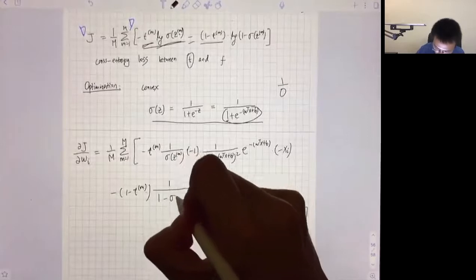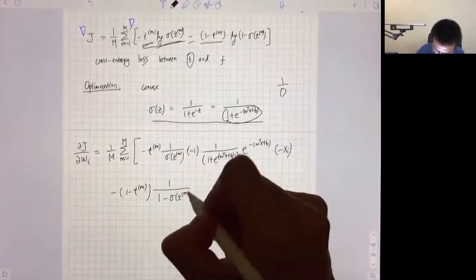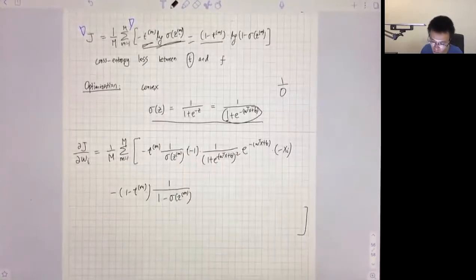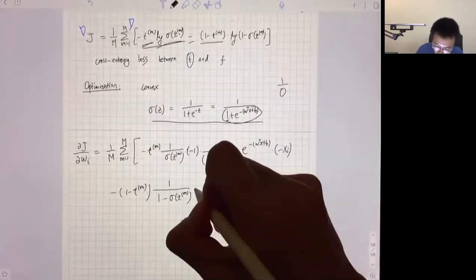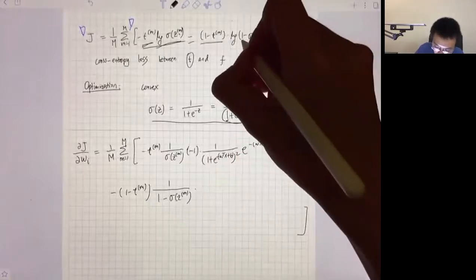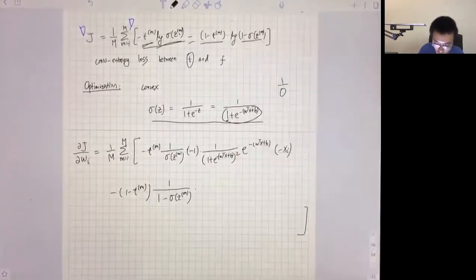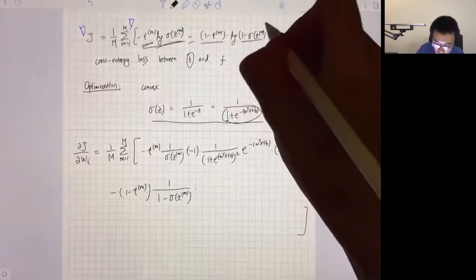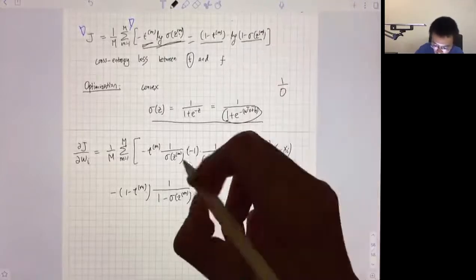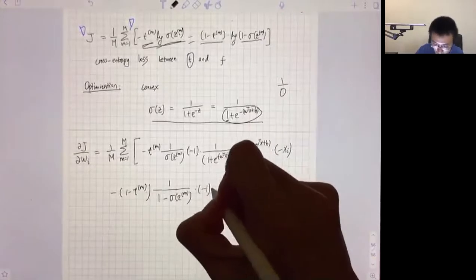So this is this term. Then I would like to compute the partial derivative of something within the log. It's 1 minus something, then I cancel out 1, but I have a minus here, a minus 1 term here.